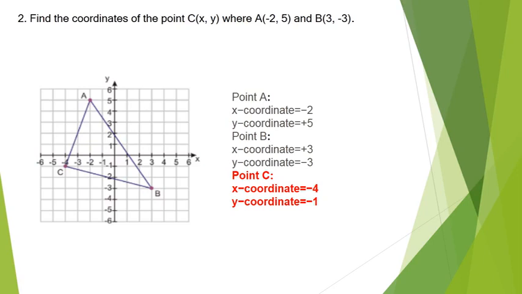If you see from the horizontal line, left side of the origin point in the negative, when you count the numbers 1, 2, 3, 4, it comes at -4, and for y, if you check it out, it comes at -1. So the C point gives you x is -4 and y is -1. So your answer will be C, -4 and -1.